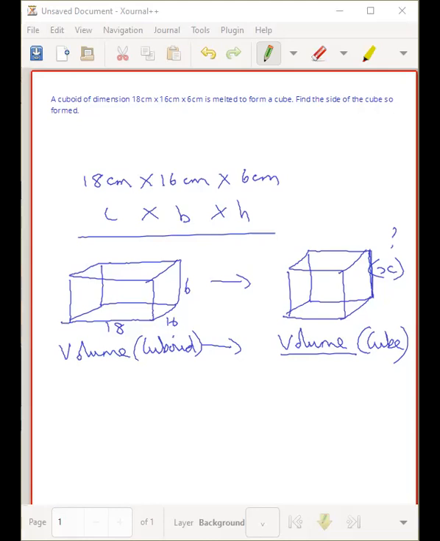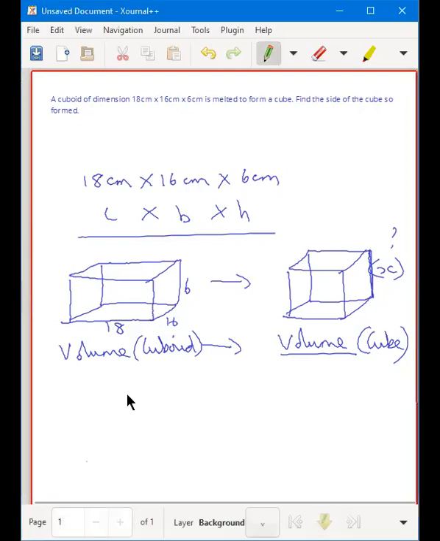Rishima, unmute yourself. Okay, Rishima, what is the formula for volume of a cuboid? L into B into H. And what is the volume of a cube? Side cubed.